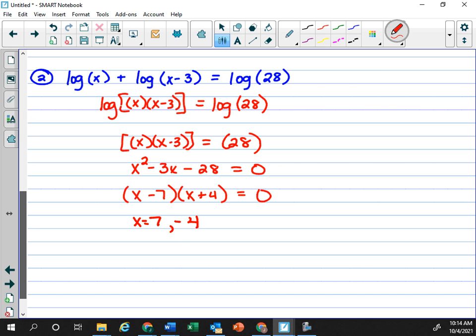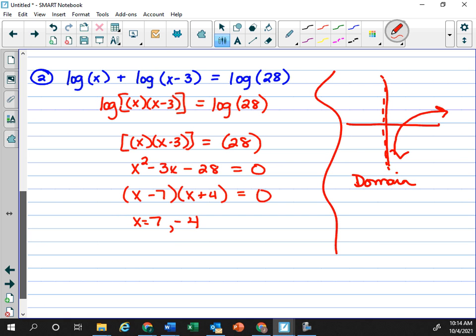Okay. When you're solving logs, you always have to check that your solutions actually work. So you guys remember graphing logs, hopefully. It was not that long ago. The graph looked something like that, and we had a vertical asymptote at 0. What was the domain of like the basic log graph?